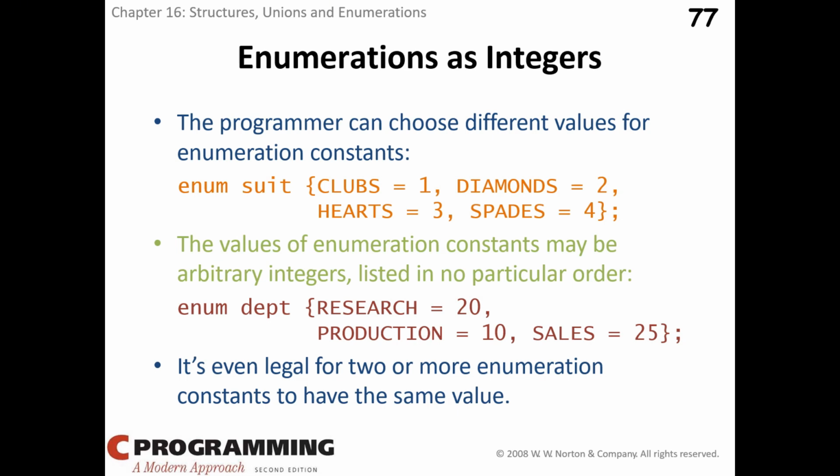Additionally, you can assign arbitrary integer values to enumeration constants without any particular order. In this example, research is 20, production is 10, and sales is 25. It's legal for multiple enumeration constants to have the same value if necessary.